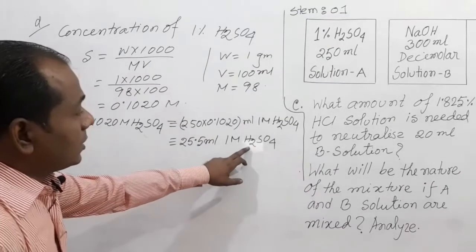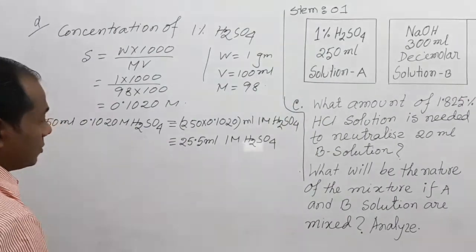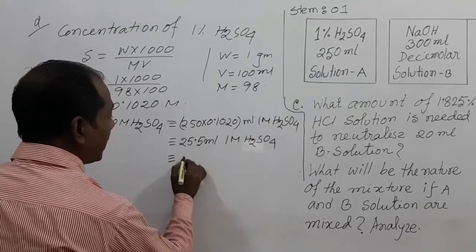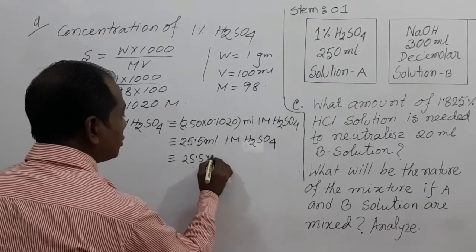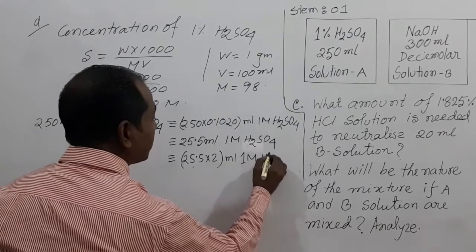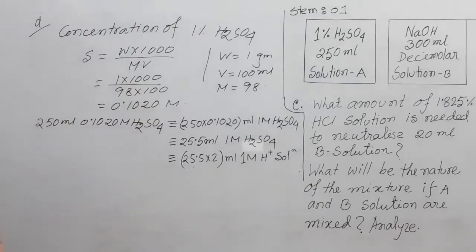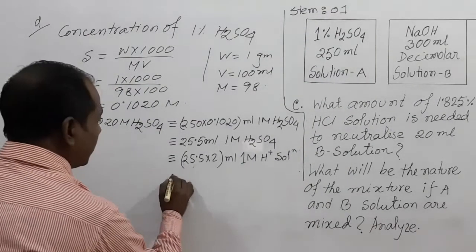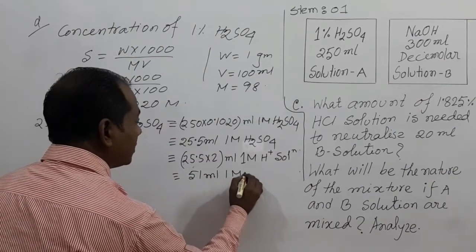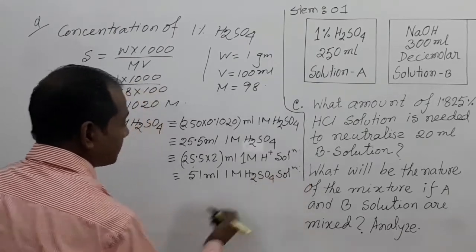But in sulfuric acid, 2 hydrogens are present. So we write 25.5 into 2 ml of 1 molar H plus solution. Okay, we get here 51 ml of 1 molar H plus solution.